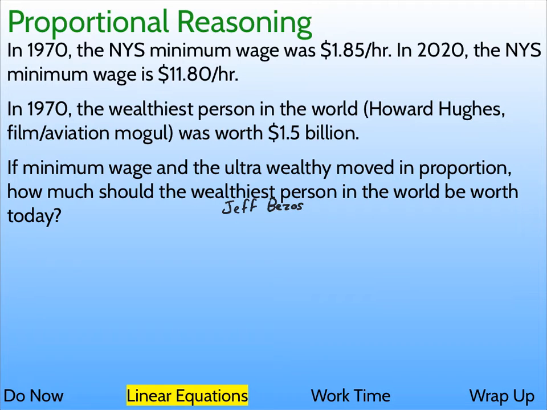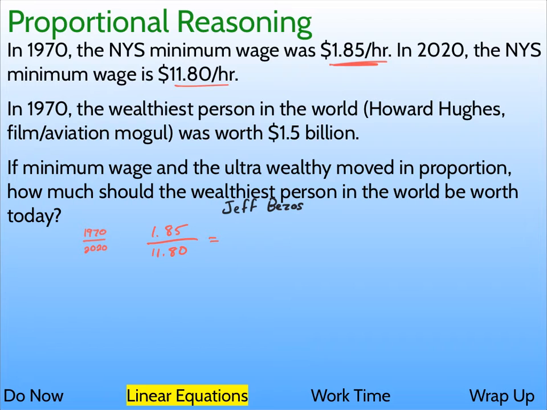1970. Let's start off this way. We'll do 1970 on top, and then we'll have 2020 on the bottom, just to keep things easy. So in 1970, we have $1.85. And in 2020, we have $11.80.